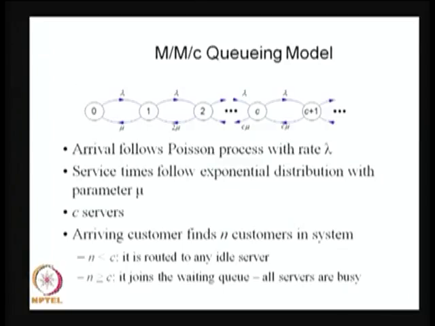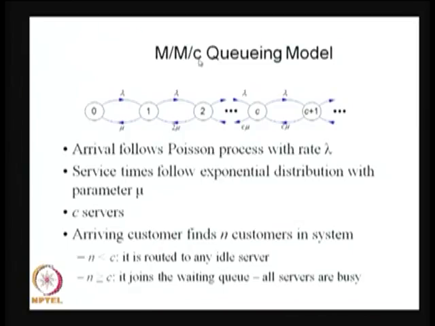The first model is the multi-server infinite capacity Markovian queuing model. The letter M denotes that the inter-arrival time is exponentially distributed with parameter lambda. The service time by each server is exponentially distributed with the parameter mu.